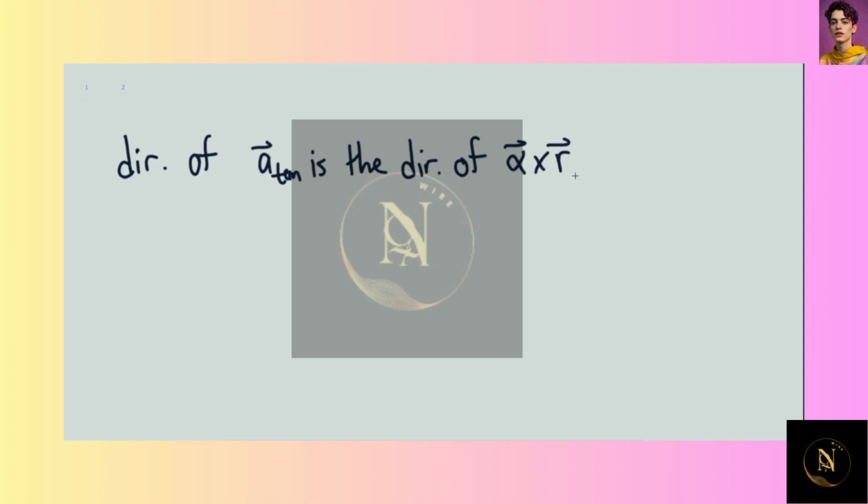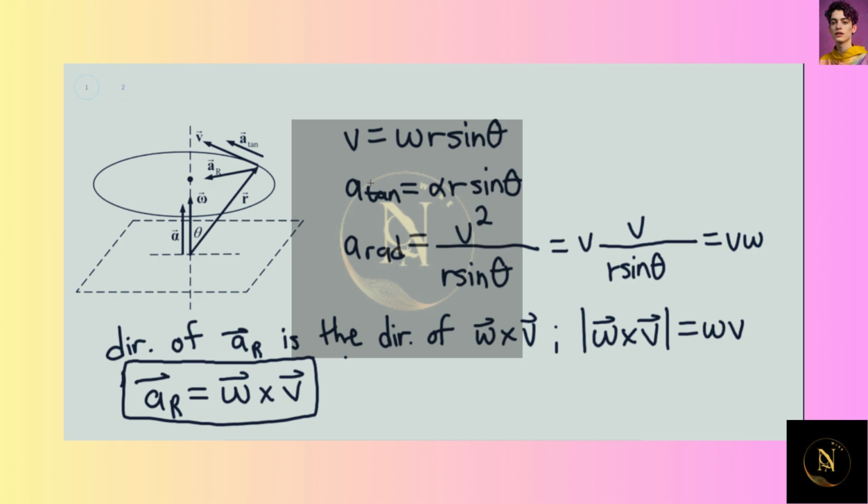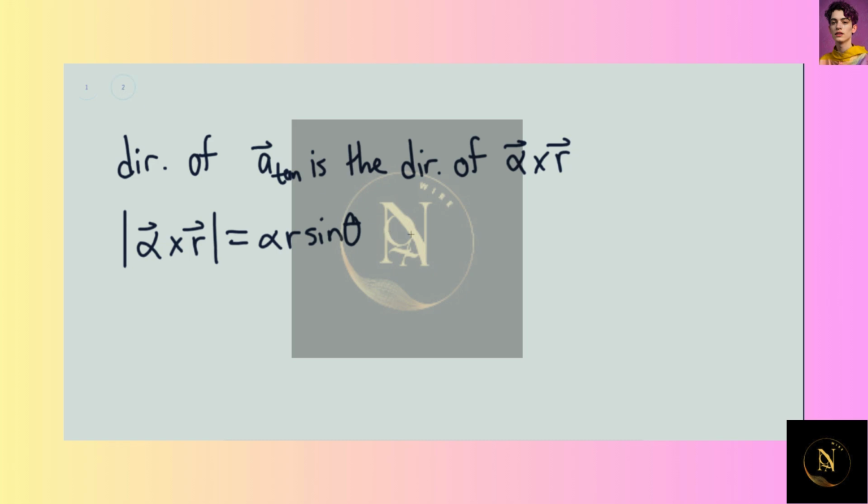We can say that the magnitude of the cross product between the angular acceleration vector and the distance vector r is equal to alpha r sine of theta. And from the previous equation, this is equal to the magnitude of the tangential acceleration.